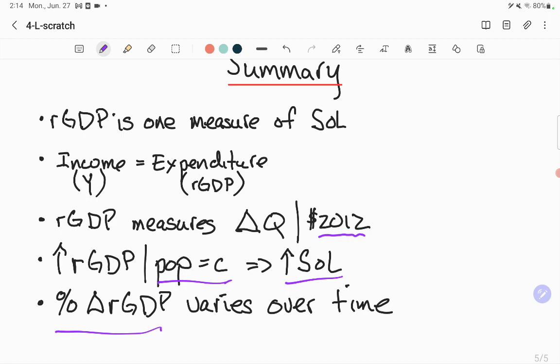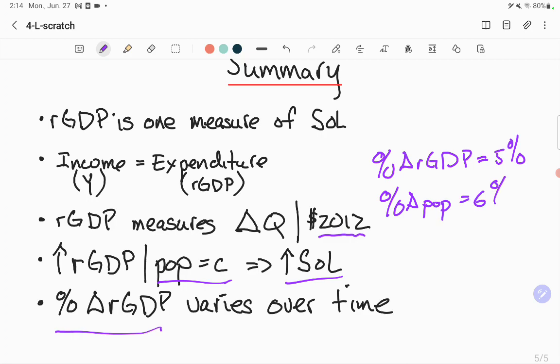Any questions? None. How about this then? If real GDP grows at 5%, okay? Population grows at 6%.